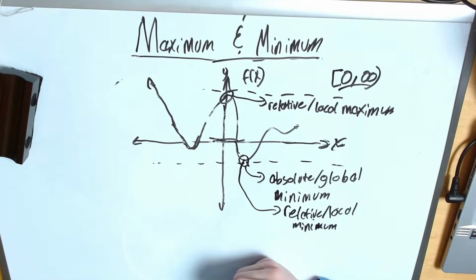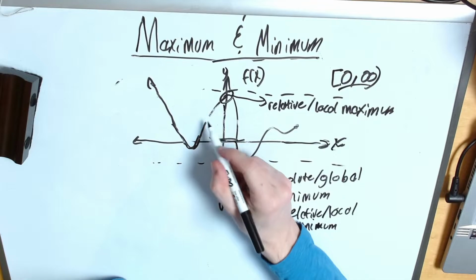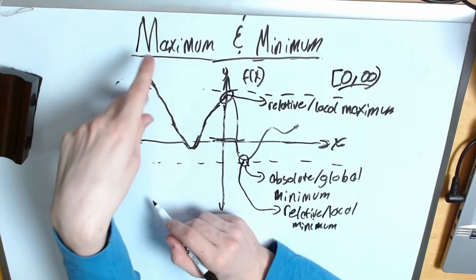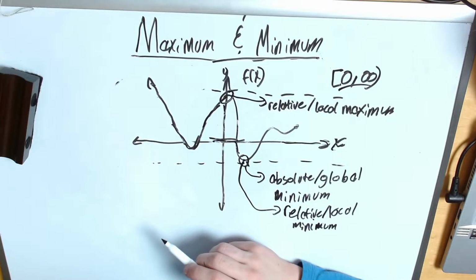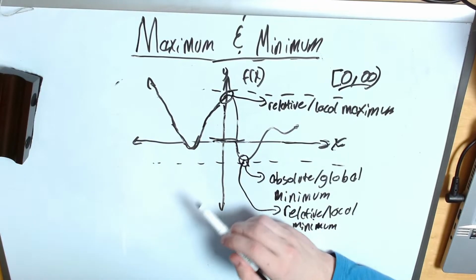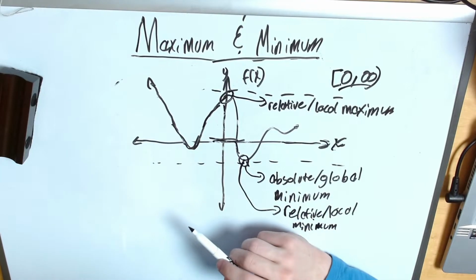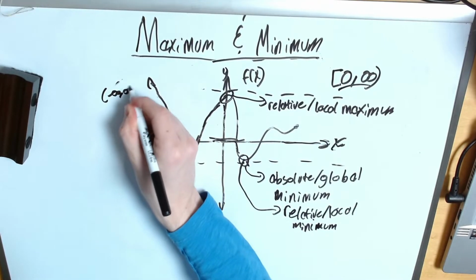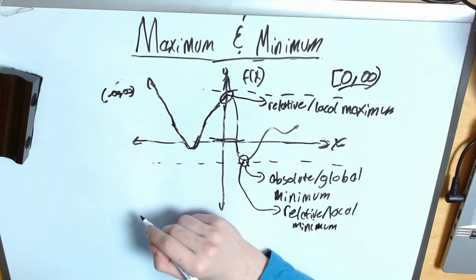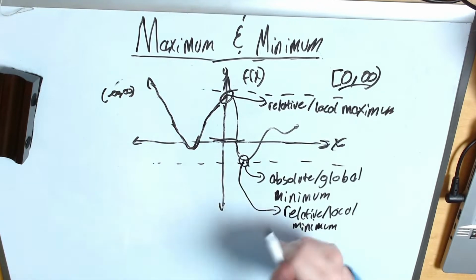Now, this presents a little tricky situation. This point is no longer the absolute maximum because there's an arrow now. Does that mean our absolute maximum is infinity, somewhere way up here? Well, no.